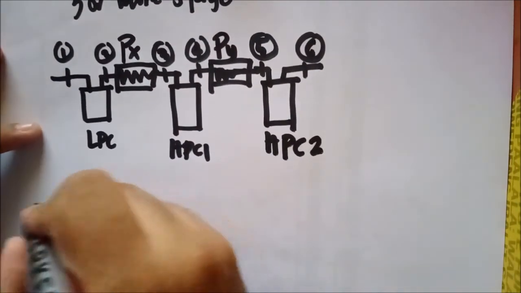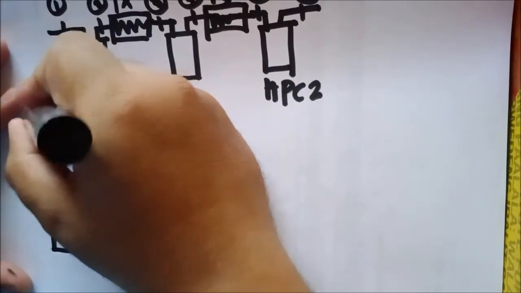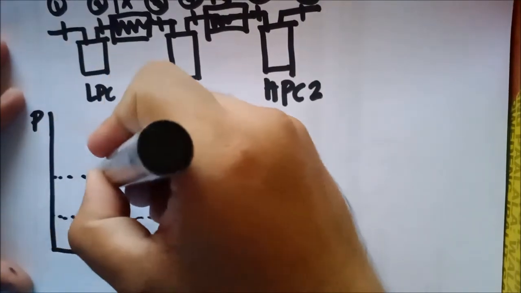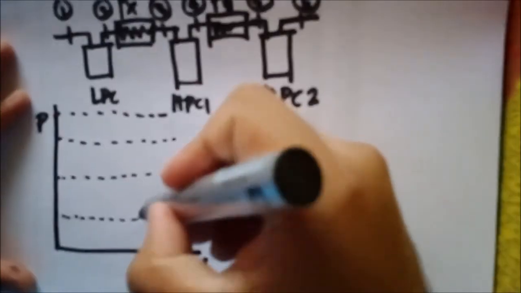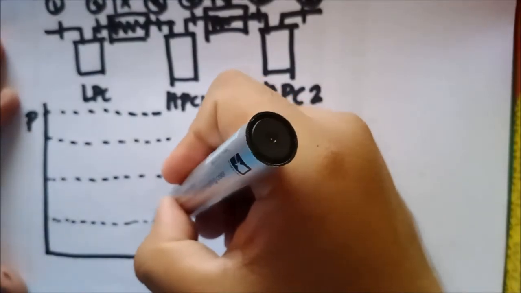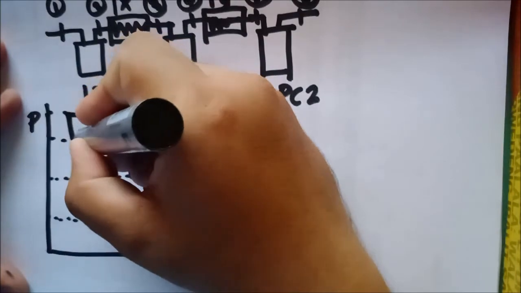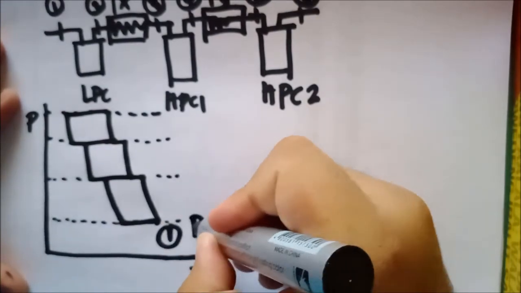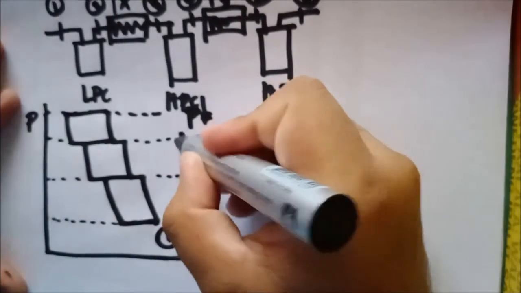So when we draw the PV diagram, this is our pressure initial, this is our pressure final, so this is our PX and this is our PY.